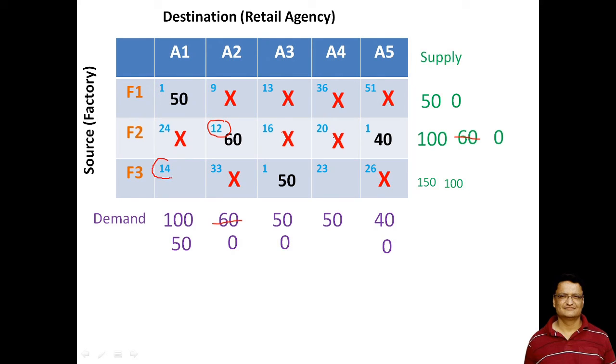Out of these two cells, this cell has the minimum cost, and I can allocate 50 units over here. So I will allocate 50 units here, and this will become 0 and this will remain as 50, and I now have no choice but to allocate whatever remains in the last cell.